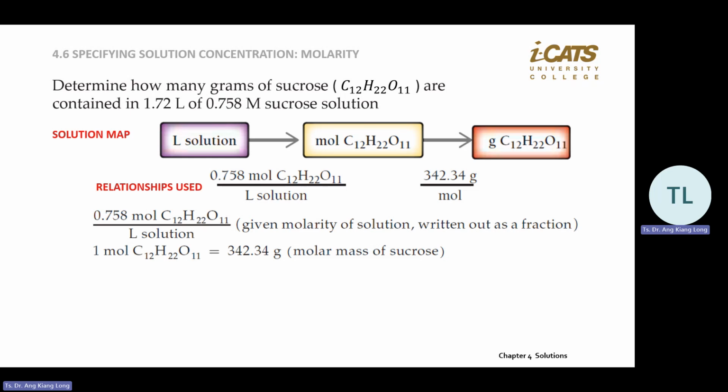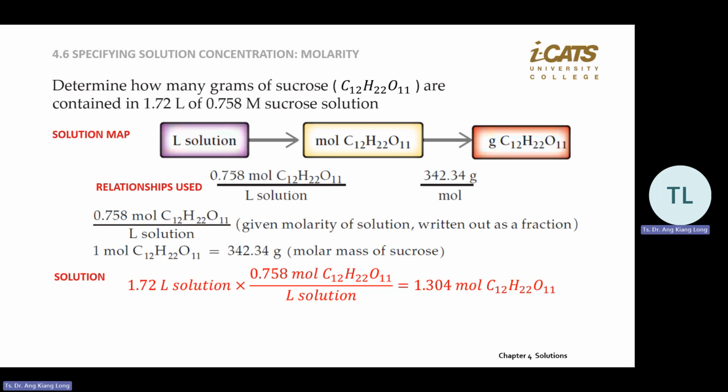This one you calculate from the periodic table. In chapter 1 and chapter 2, we covered how to use the periodic table already. The periodic table will be your best friend in chemistry too. Basically, for all kinds of questions you need to use the periodic table. Then you solve it.